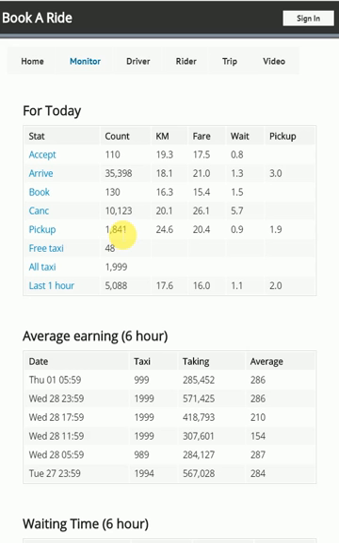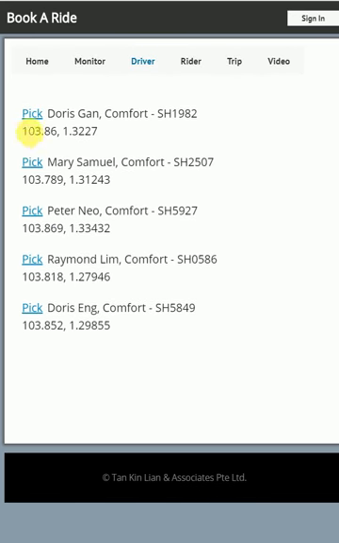Now let me show you from the perspective of the taxi driver how this new algorithm works. Here I'm showing you 5 taxi drivers who are now free. They have dropped off their customer and they now want to see the bookings nearby.